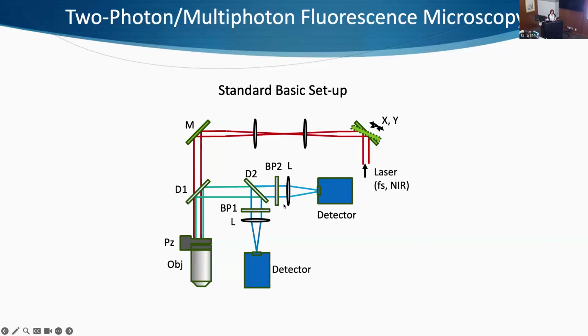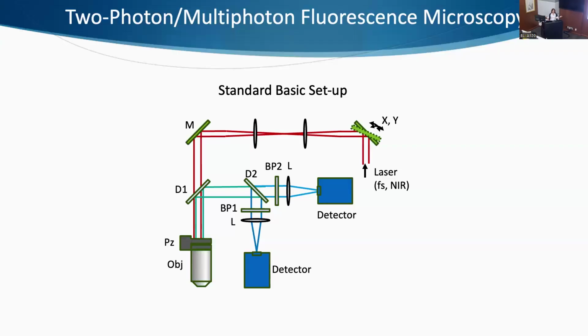I've seen setups with one channel detection, but usually people have multiple channels to be able to separate as much of the fluorescent spectral windows as possible. So that's the standard setup. It's very simple in principle.